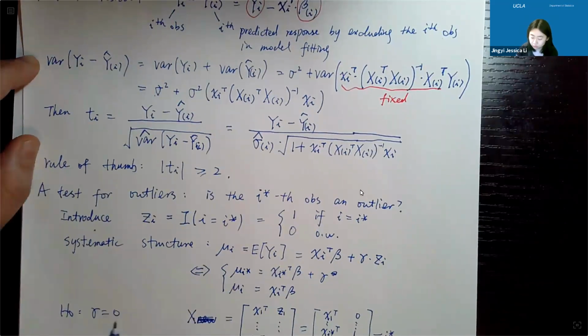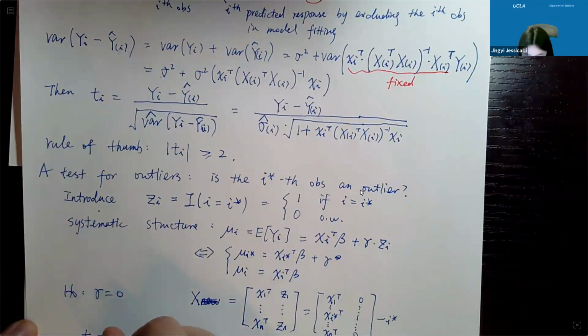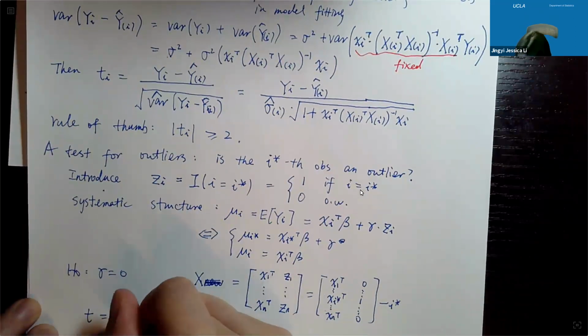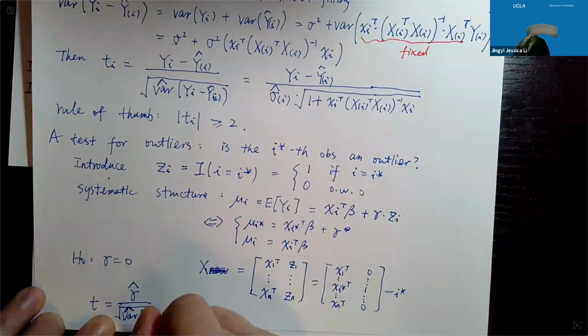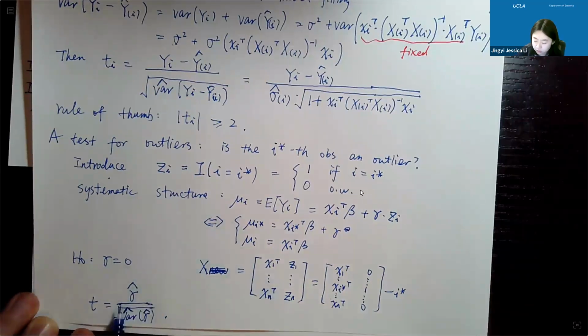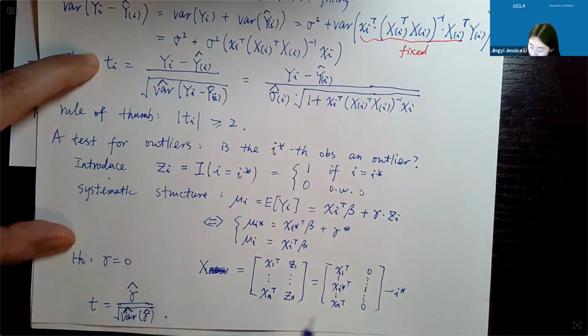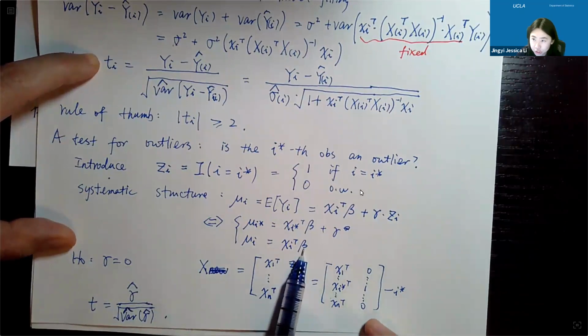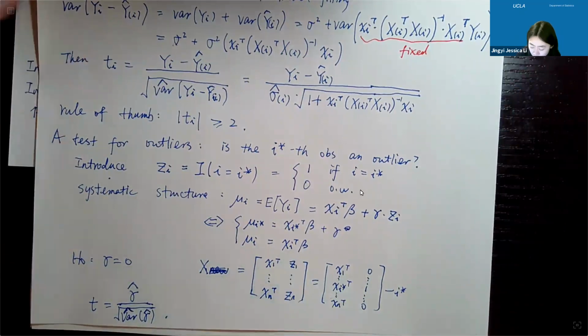So if we want to show that the t statistic, which is just gamma hat, the estimate, divided by the square root of its estimated variance, corresponds to the previous Jackknife residual, a key is that when we estimate beta, we should only use n-1 observations by excluding this xi star from the estimation. When we do that, then we can have some equivalence.